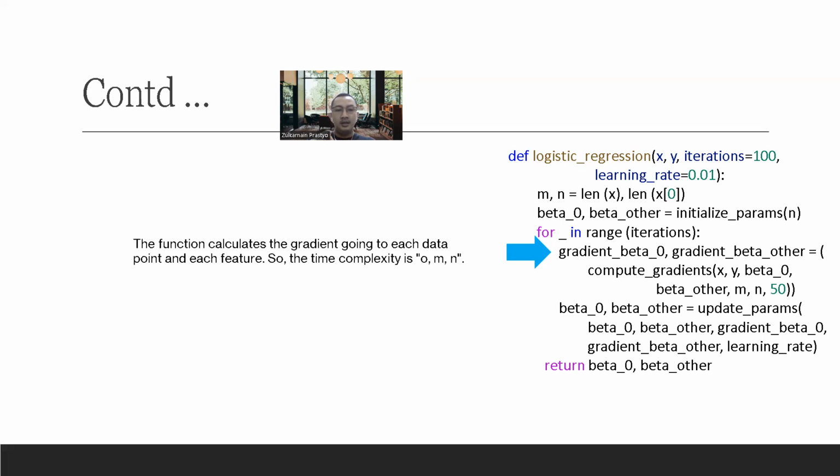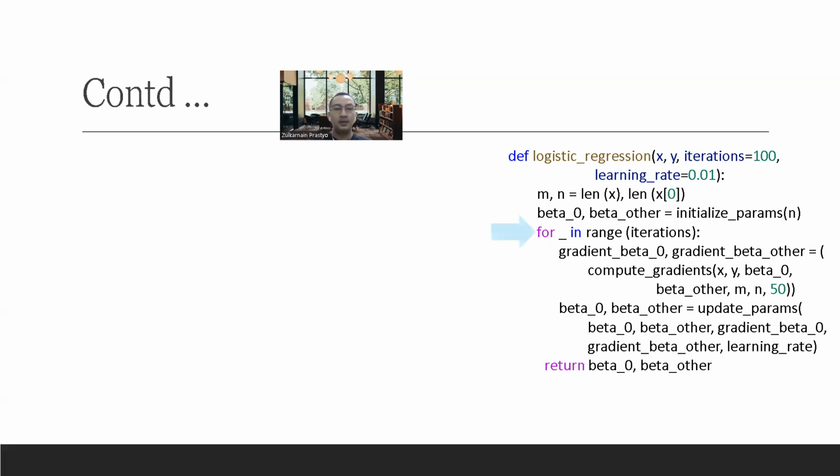Now, in this function, I calculate the gradient for each data point and each feature, so the time complexity is O(mn). I come back to the for loop in range iteration. It means if the number of iterations is I, then the overall time complexity is O(m n I).